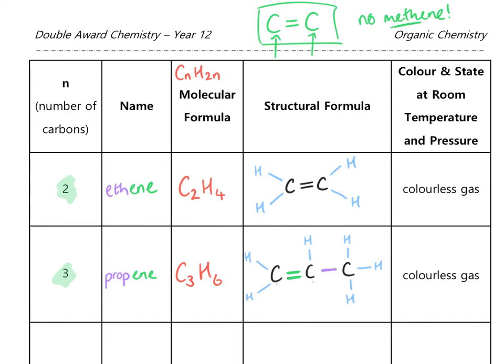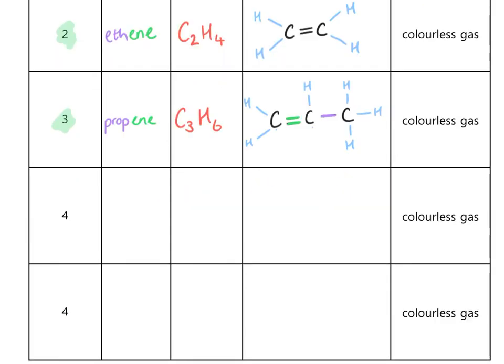And again, it's a colourless gas. So propene's maybe a little bit more tricky to draw, but remember, draw your carbon chain first. Put your double bond in, make sure there's only 1 double bond within your molecule, and then draw your hydrogens around that.